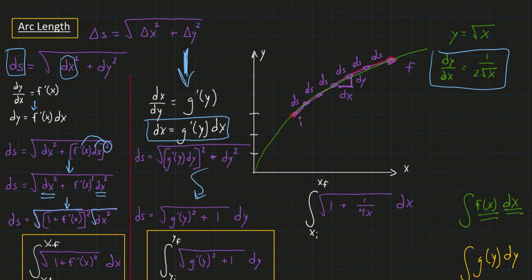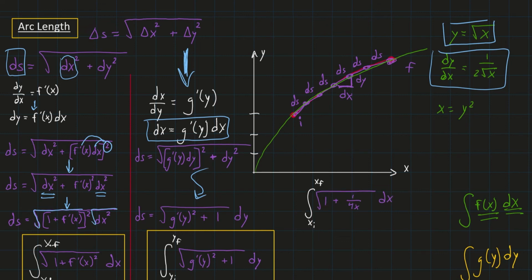So at this point, you would choose to say, okay, let me try attacking this problem with the dy form of the integral. So you would need this same curve, but you would need it in terms of y. So you would square both sides, and you would get x is equal to y squared.